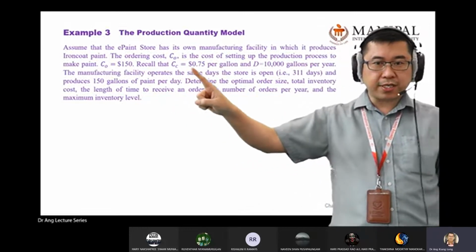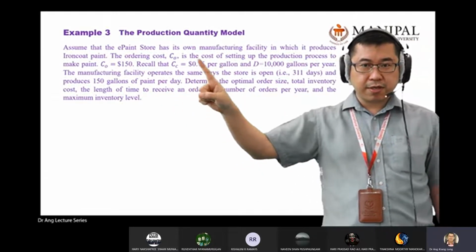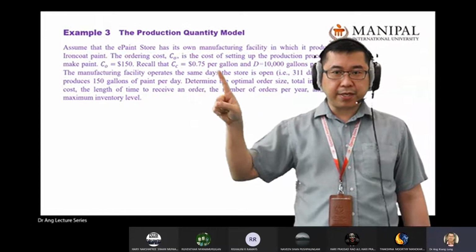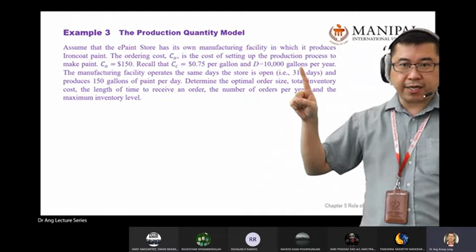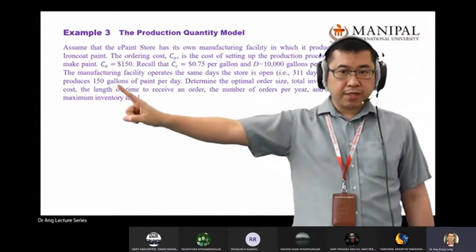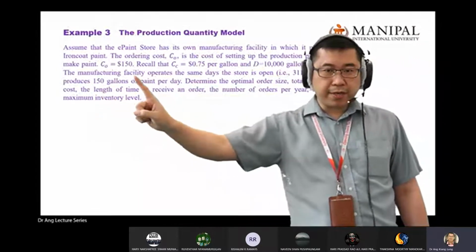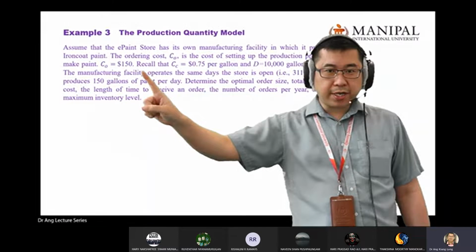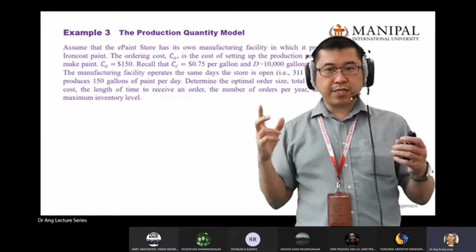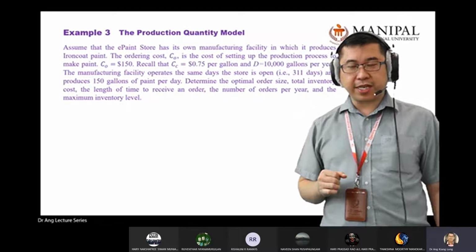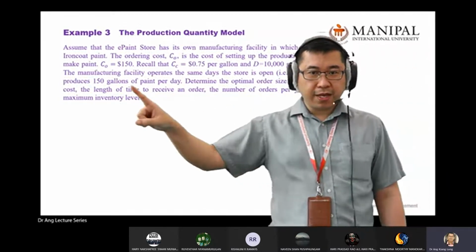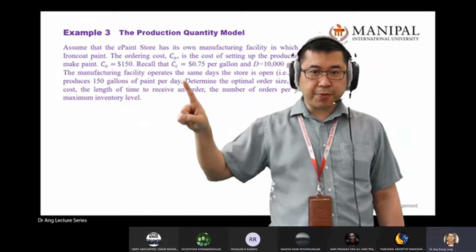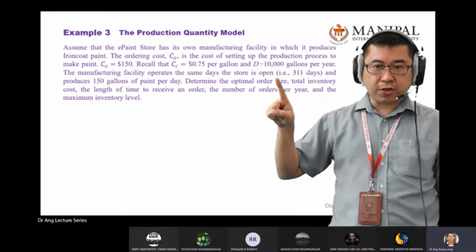Recall that CC is 75 cents per gallon. D demand is 10,000 gallon per year. So, okay, you are given CO, CC, and D. So all these try to relate to the equation that we learned so far. We have 4 equations just now. The manufacturing facilities operate the same day the store is open.